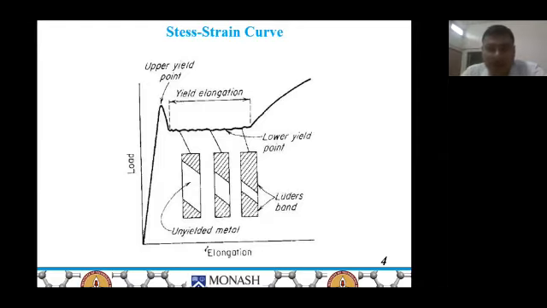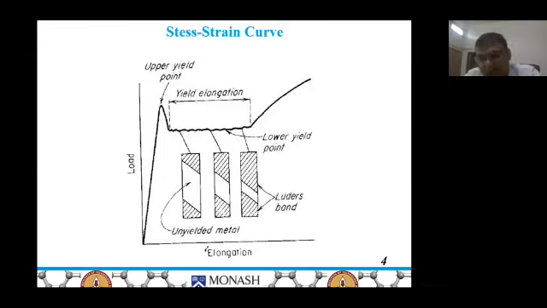So this upper yield point is due to locking of the dislocation movement by the carbon interstitial atoms, which have now settled at the place below the positive edge dislocation.